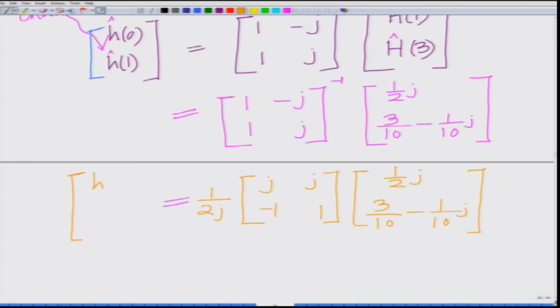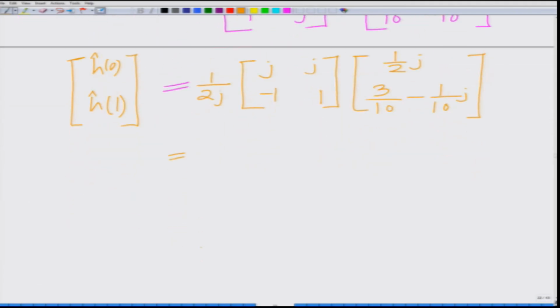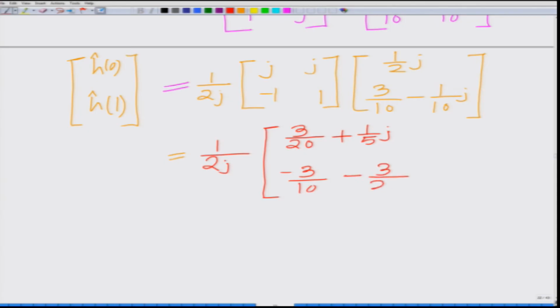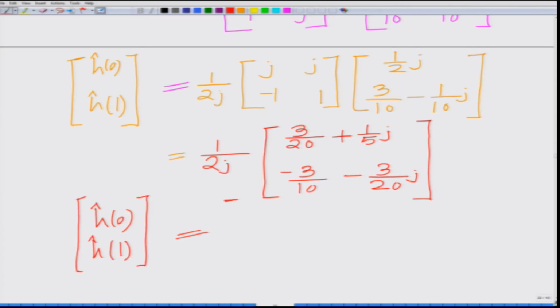These are the estimates of the time domain channel taps, h hat 0, h hat 1, and now multiplying, I can find this as 1 over 2 j times (3 by 20 plus 1 by j) minus 3 by 10 minus 3 by 20 j, and now finally you can compute these estimates of the time domain channel taps.